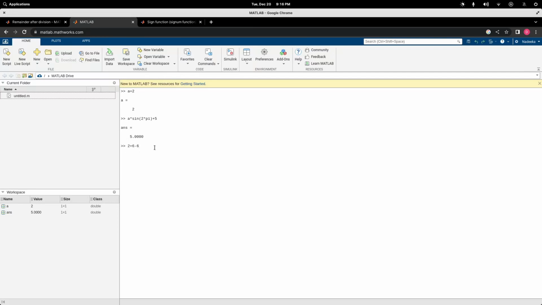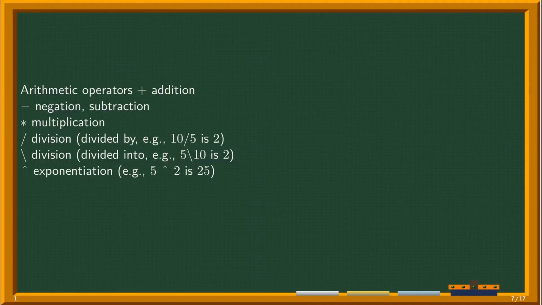We can evaluate expressions. Expressions can contain these operations. You already saw these operations: negation, addition, subtraction. If we use a minus with one number, we call it negation, for example -2. Subtraction has two operands, like 2 minus 5.